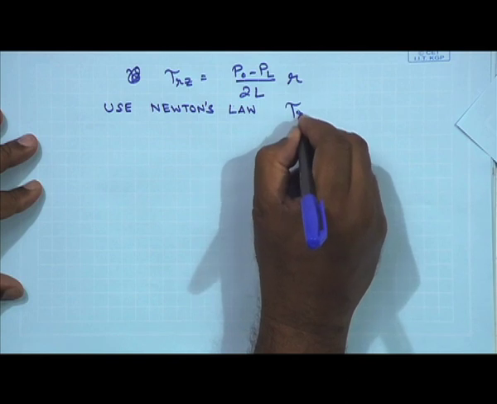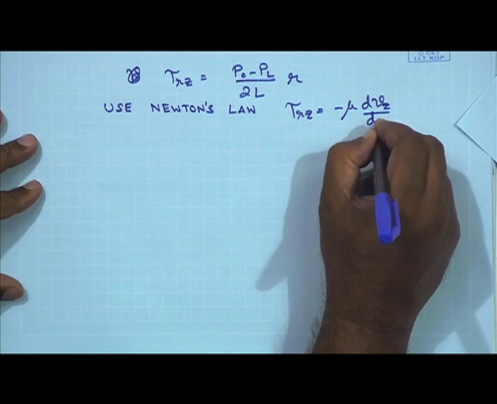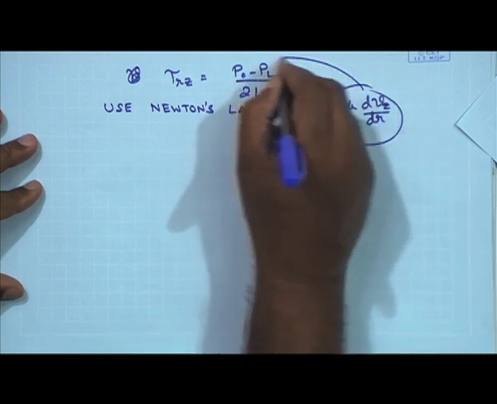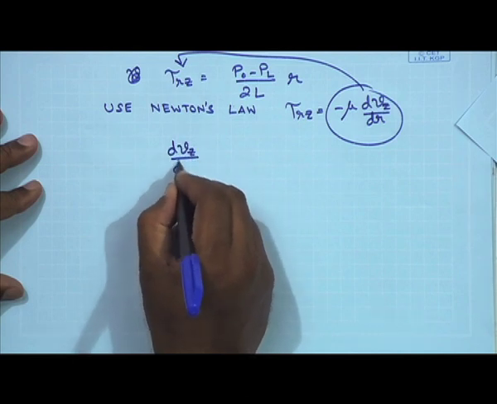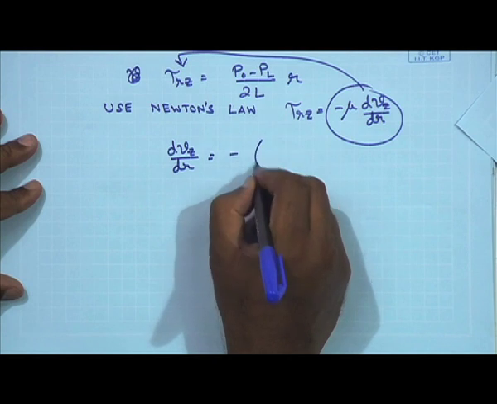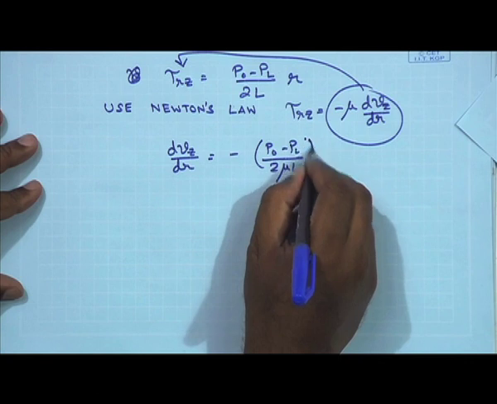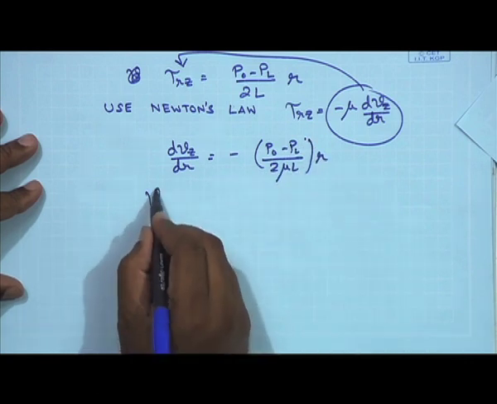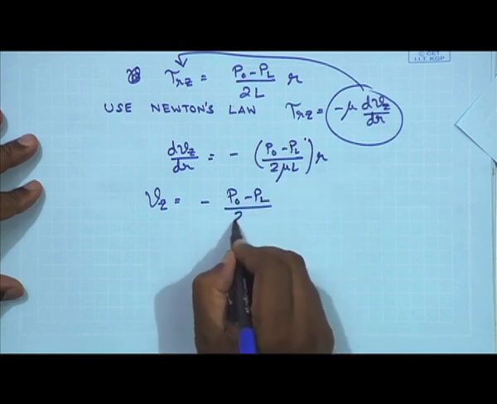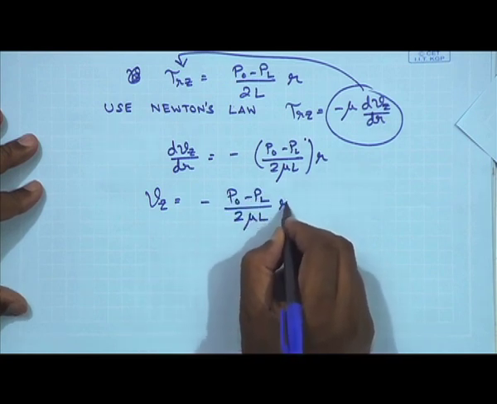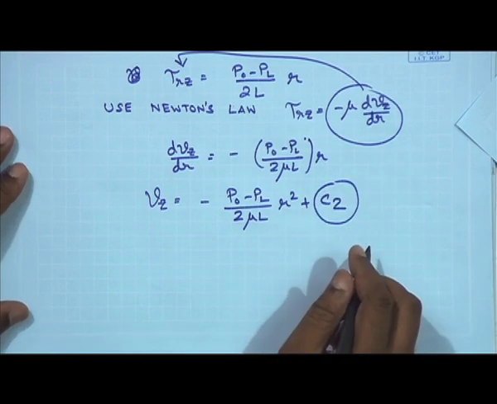So, your tau rz is minus mu times dVz by dr. So, when you plug this in here, what you have is dVz by dr is equal to minus P0 minus PL by 2 mu L times r, and upon integration it would give you Vz equals minus plus C2, the second integration constant.